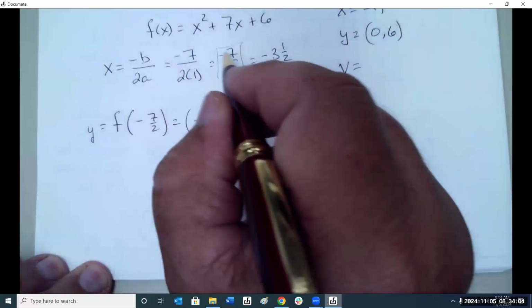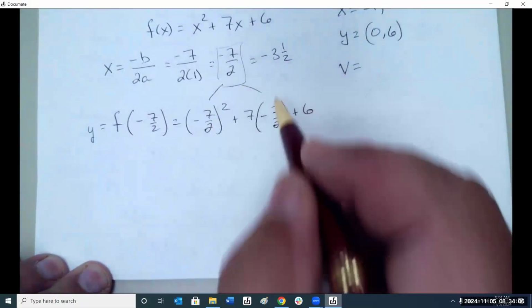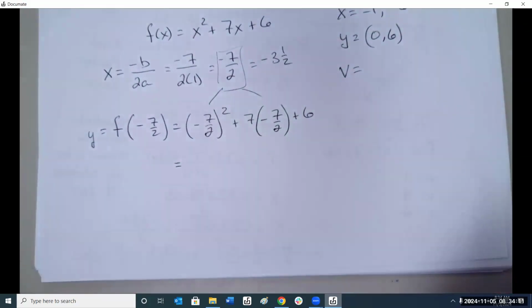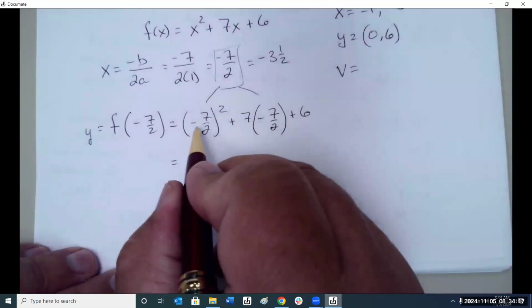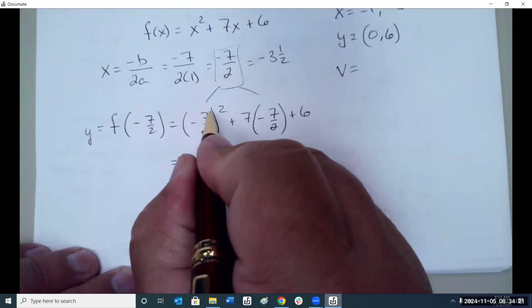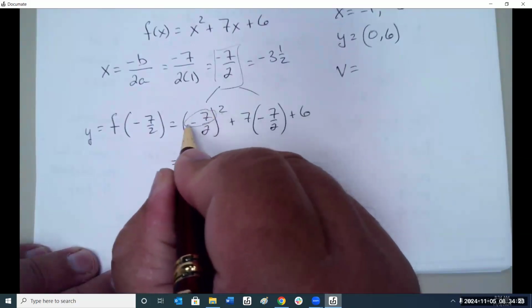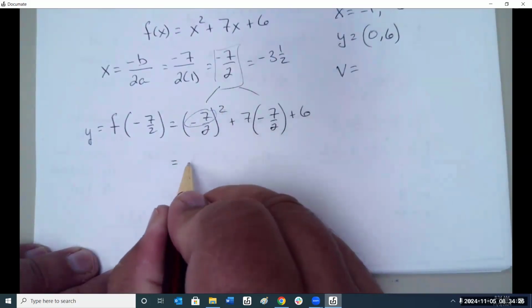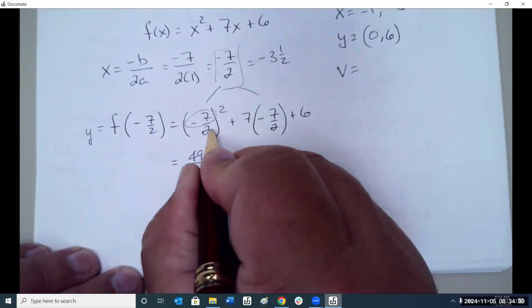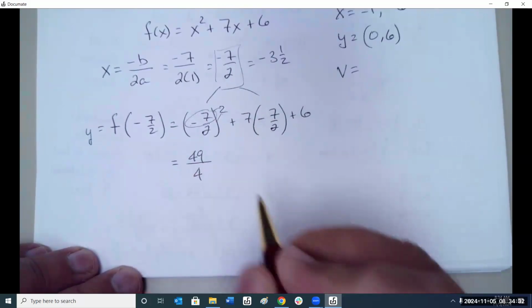Once I find my x value, I plug it inside the equation. So -7/2 squared. We look at the top number. -7 squared is what? Positive 49. And 2 squared is 4.